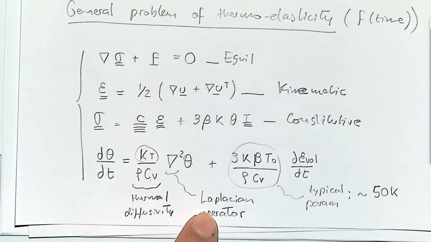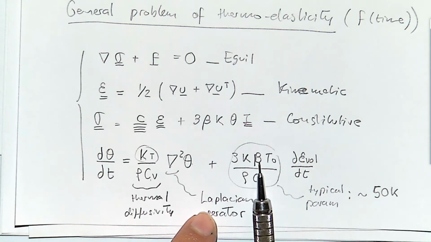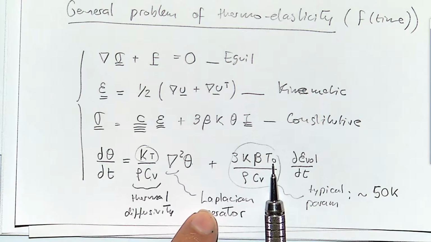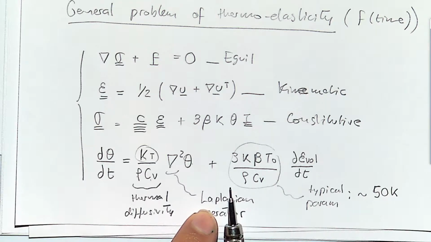For this example I used a bulk modulus of 10 gigapascals, typical dilation coefficient, initial temperature of 300 Kelvin, typical density, and typical heat capacity coefficient.